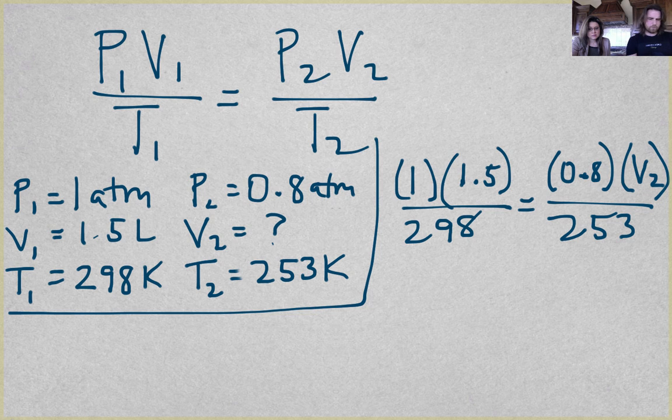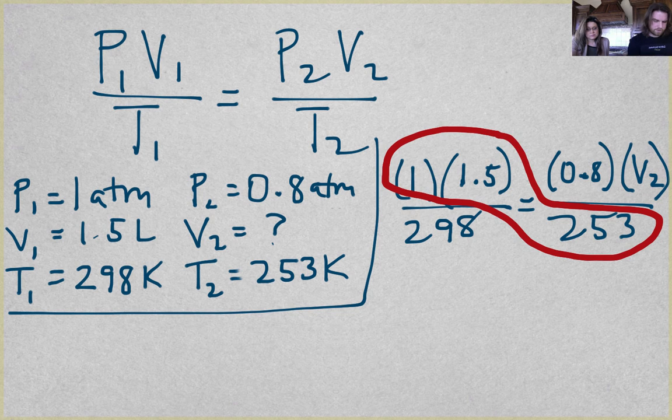Now we have to cross multiply. Since we have denominators here, and I don't like those, let's get rid of them. We cross multiply, with this stuff on one side of the equal sign and the other stuff on the other side.